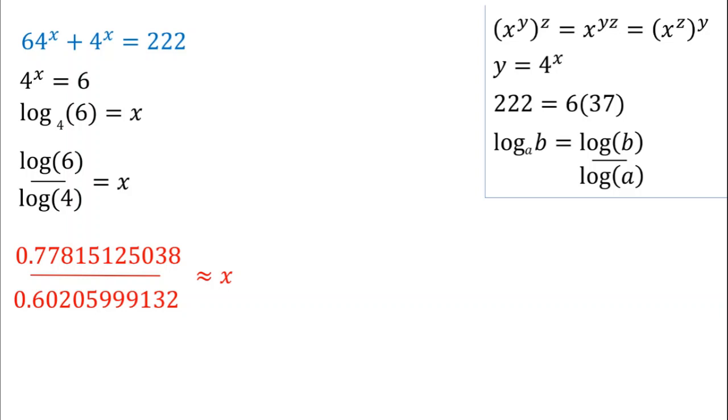No matter how many decimal points we translate each number to, we can get as close as we want to x, but we will never quite get to x. So now we have 0.778, etc., divided by 0.602, etc., which gives 1.292, etc., as an approximate value of x.